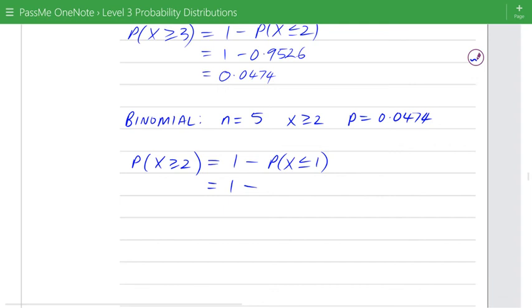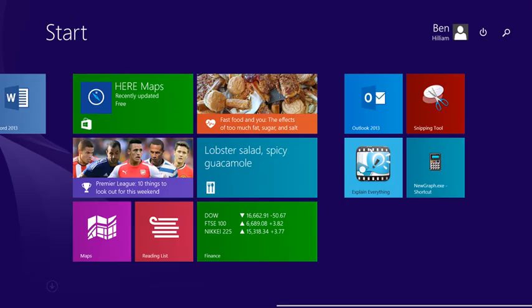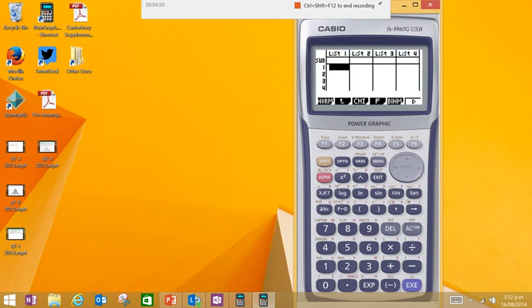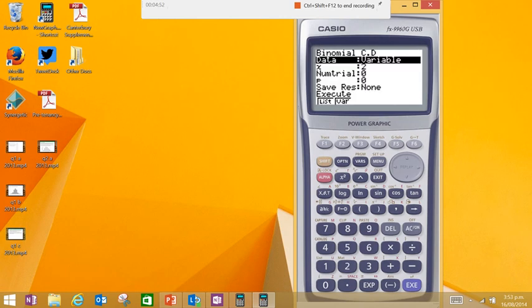And so we're going to need our calculator for this again. So this time we're wanting binomial. So distributions, binomial, BCD, and our x is going to be 2 for this one.